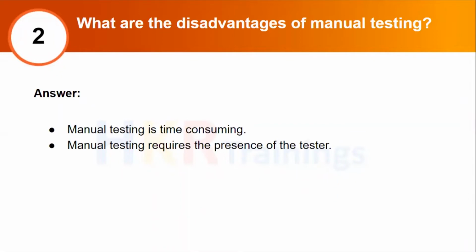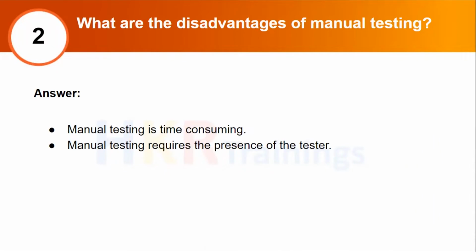Manual testing is time consuming and it also requires the presence of the testers. It means if we have some repeated steps to be performed in an application, steps to be tested frequently, like logging in to an application or filling a form and submitting it with different types of inputs, we are repeatedly logging in, repeatedly creating a form, entering the inputs into it and submitting it.